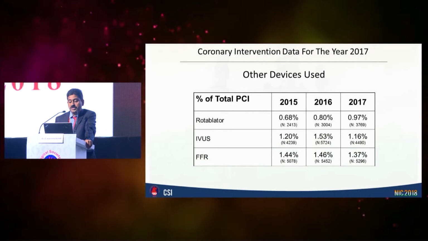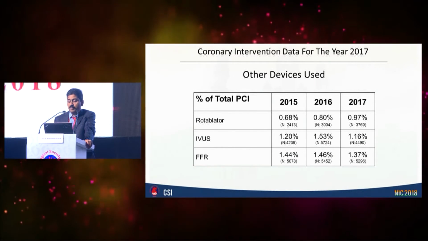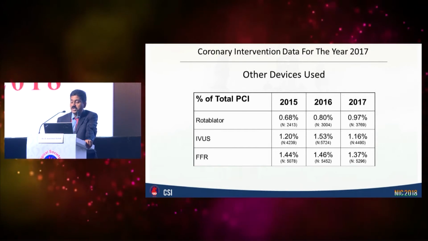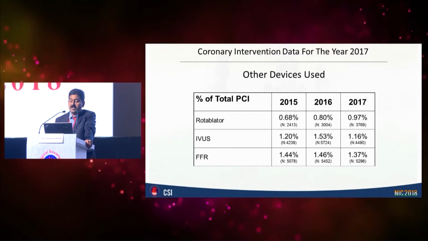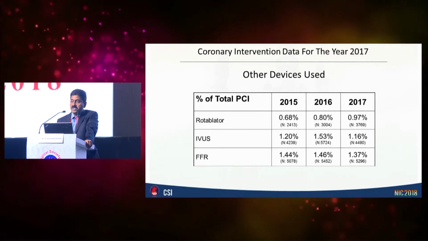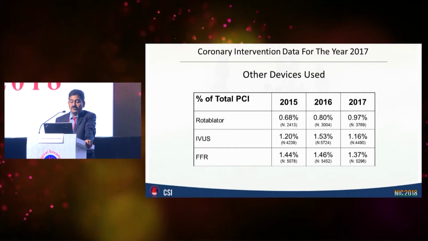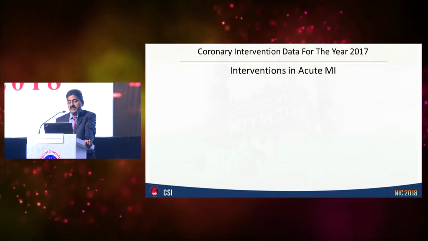Among other devices and procedures, rotablation, though a lot of training programs happen, about 3,769 procedures with rotablation are reported. Intravascular ultrasound, 4,490. OCT somehow we couldn't capture. Fractional flow reserve, again, about 5,000 plus procedures are reported.